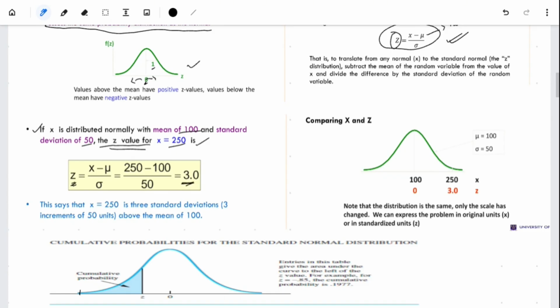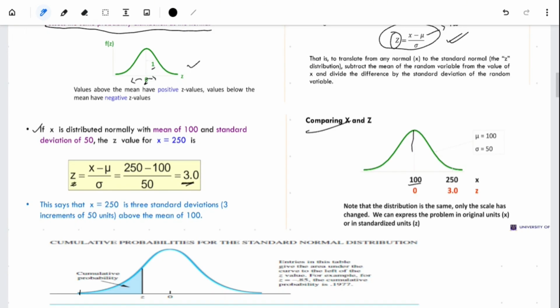So if you are to find the probability, then you need to visit your z distribution table and trace the value. But let's first check here. They say comparing x and z. So in the question, our mean was 100.